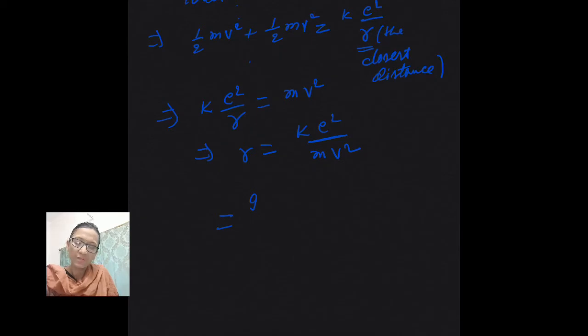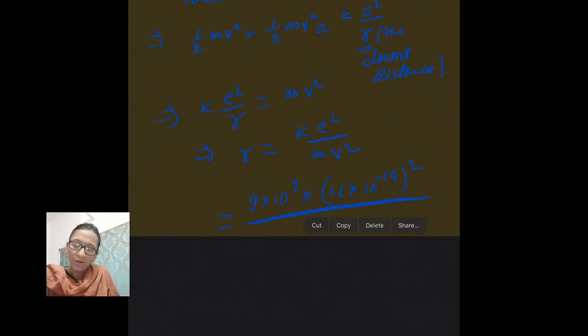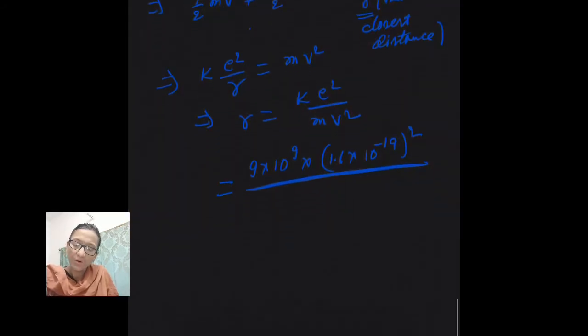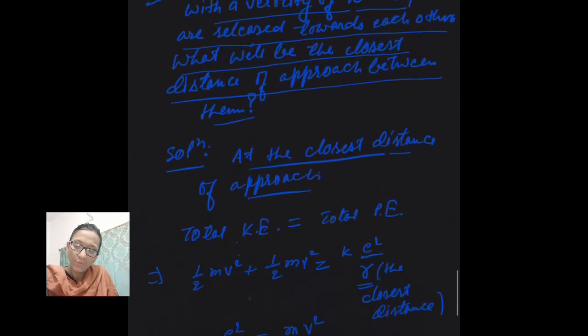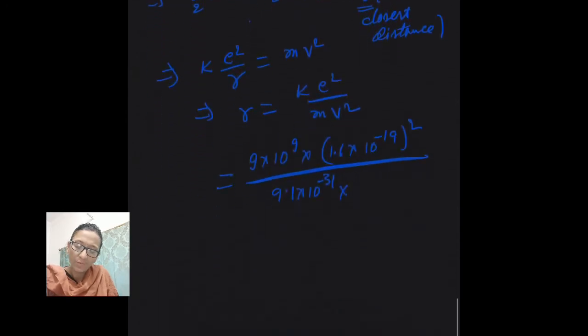Now let us put the values of all these things. For k, which is the dielectric force constant, it is 9 into 10 power 9, into the charge on the electron, 1.6 into 10 power minus 19 whole power 2, upon the mass of the electron, 9.1 into 10 power minus 31, into velocity.